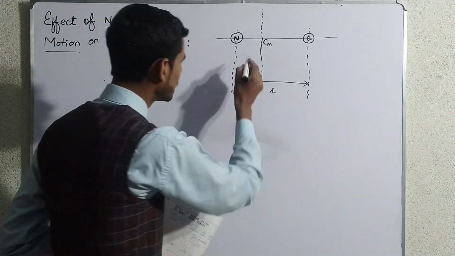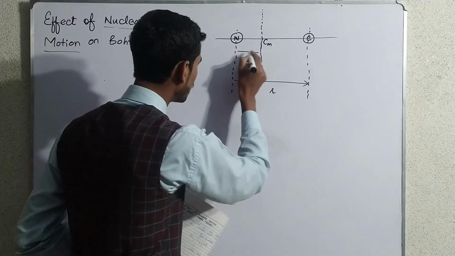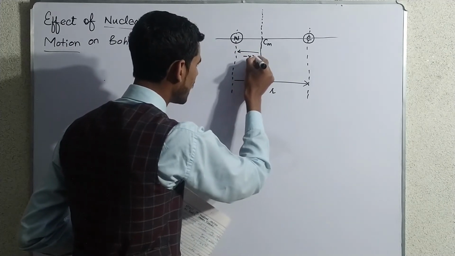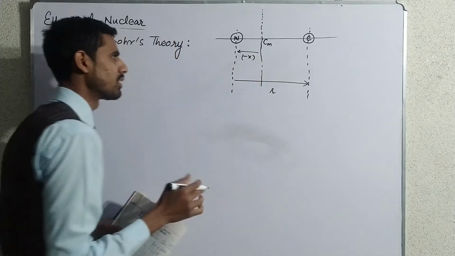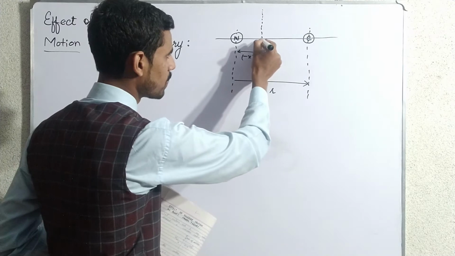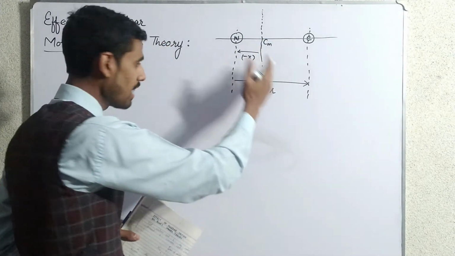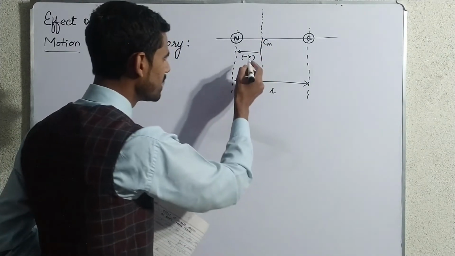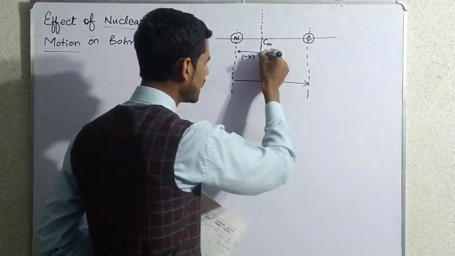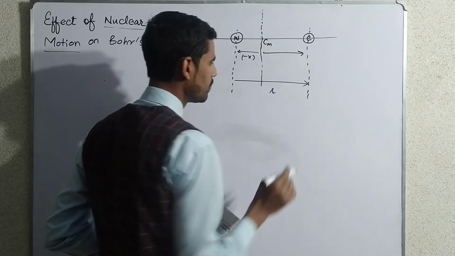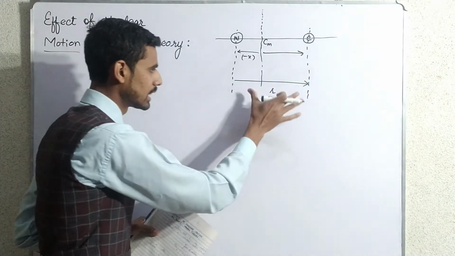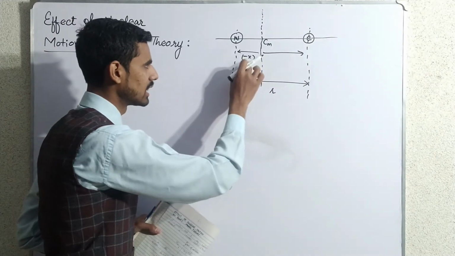From here to here we have negative x. I will tell you why this is negative x: we are taking this as the reference point, and this is to the left of the reference point, so we say this is negative x. And what will this displacement be? It will be this displacement minus this displacement.